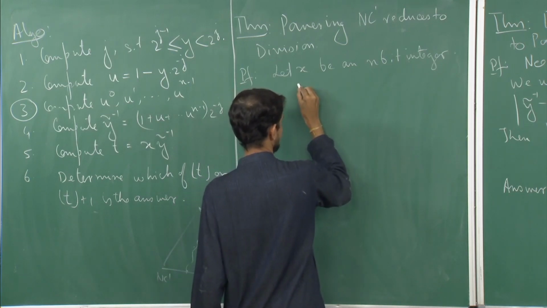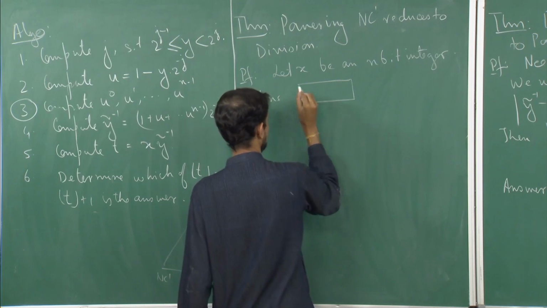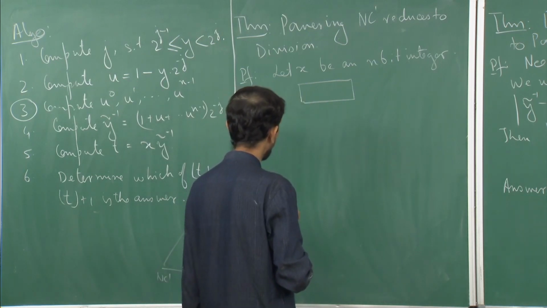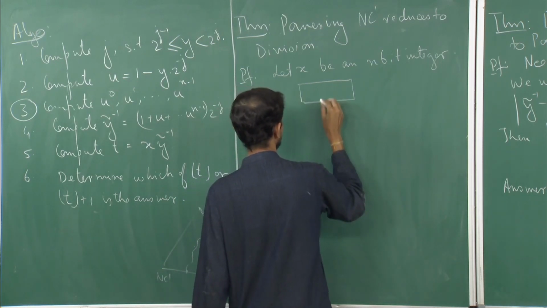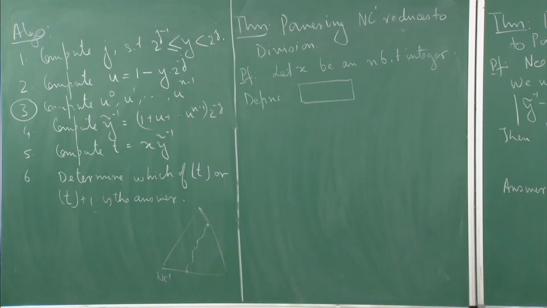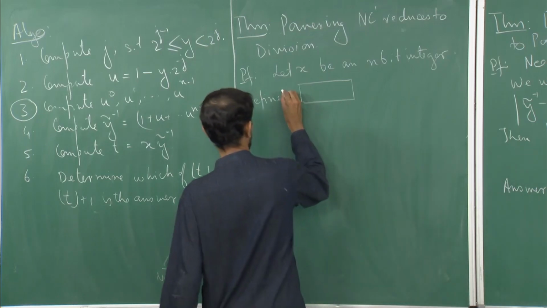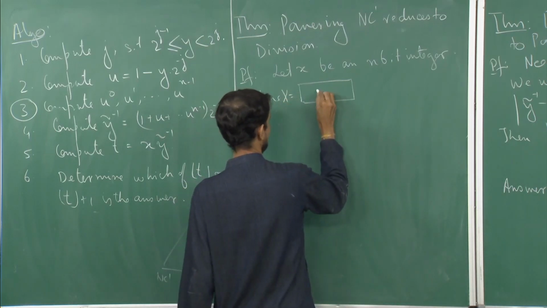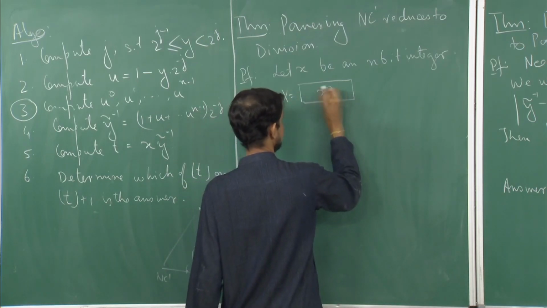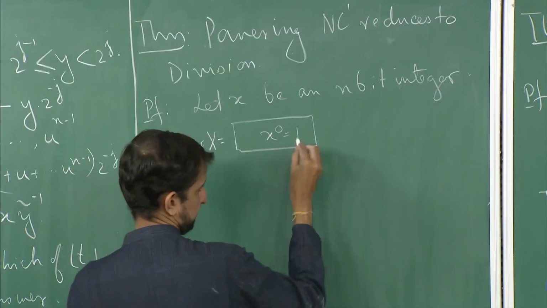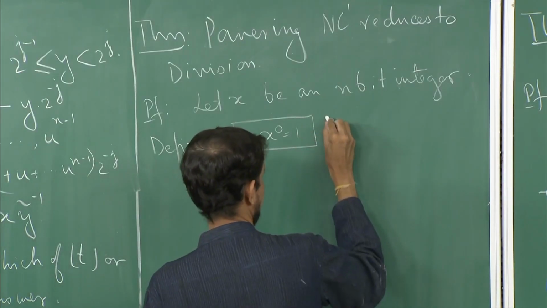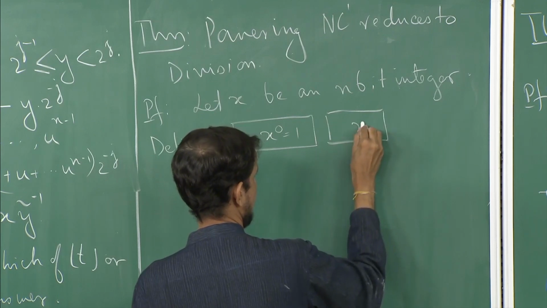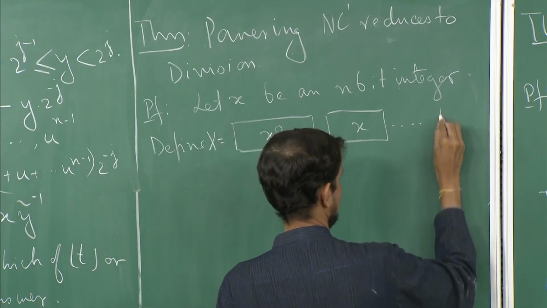I will have all the powers of x. I will start with x to the power 0, which is nothing but 1, then I will have x and so on.